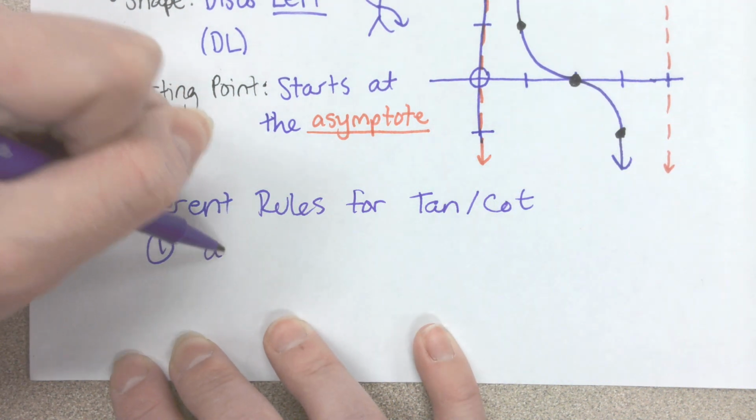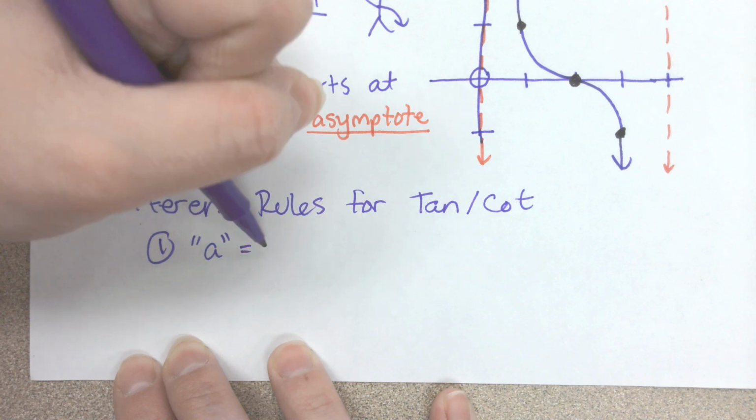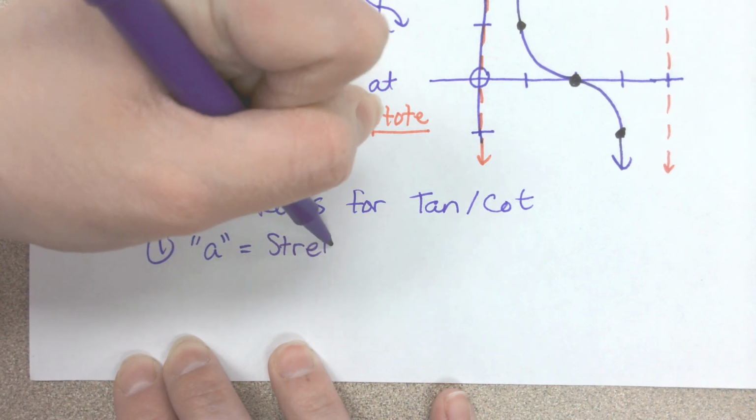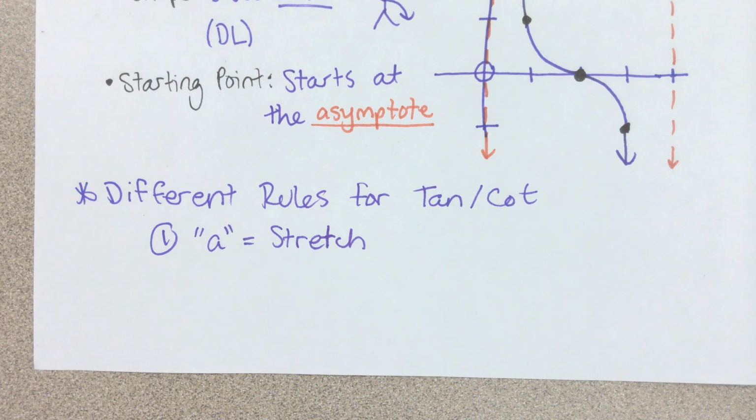The A that you usually refer to as amplitude, it's going to serve the exact same purpose as it does in the other graphs, but we're going to call it a different name, and that name is stretch. On the test it will say amplitude / stretch, so we're basically giving it away. That's what that is, but formally it's stretch.